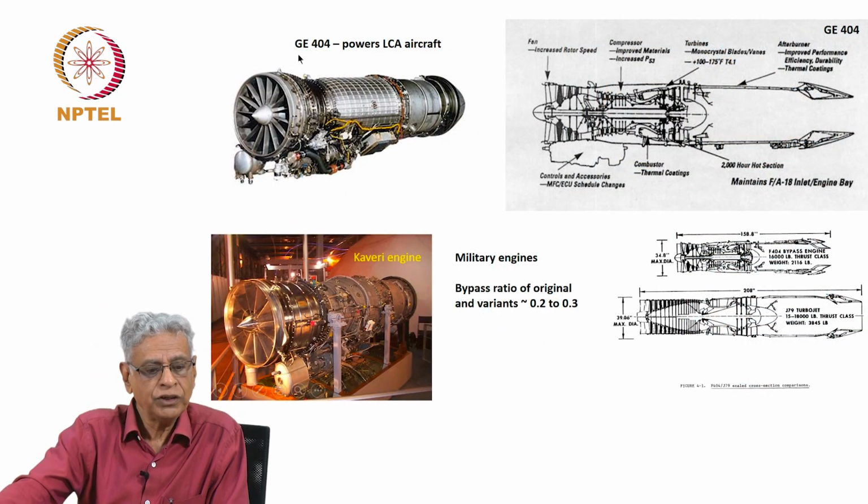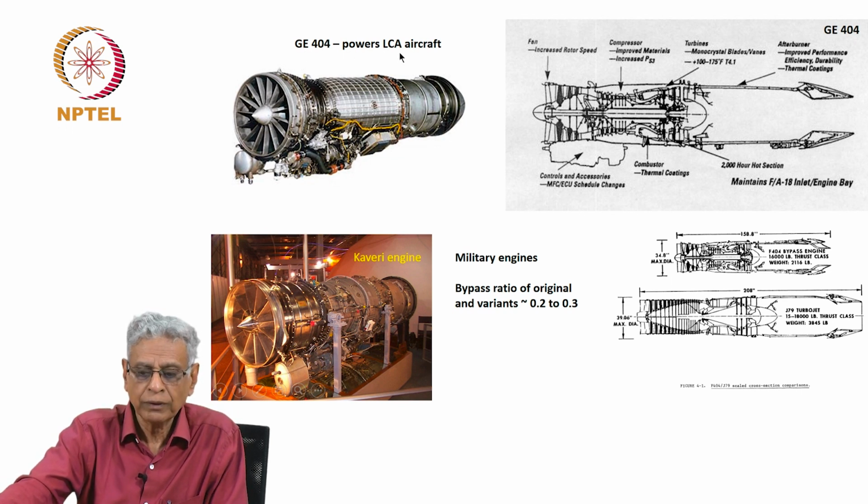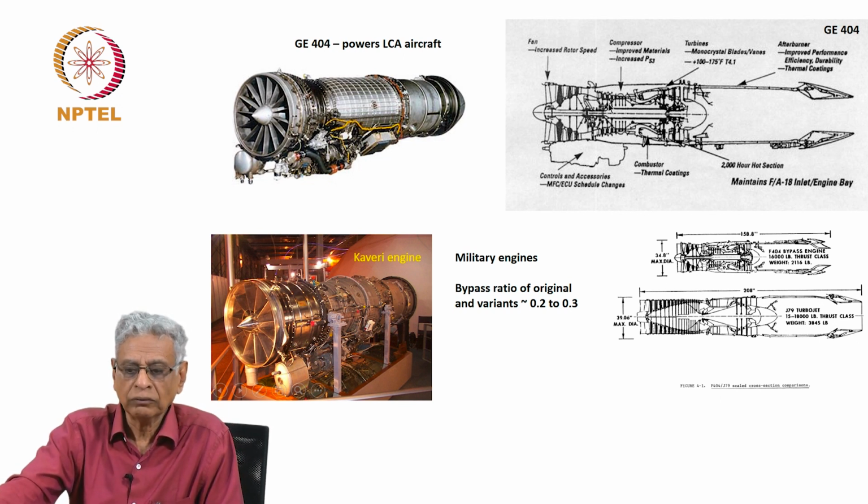Well, you have the GTX-35VS Kaveri's predecessor, the GE F404, which you may know powers the LCA aircraft. It has again all the aspects here. There is a fan, compressor, turbine, and in fact that F404 engine has many interesting properties.